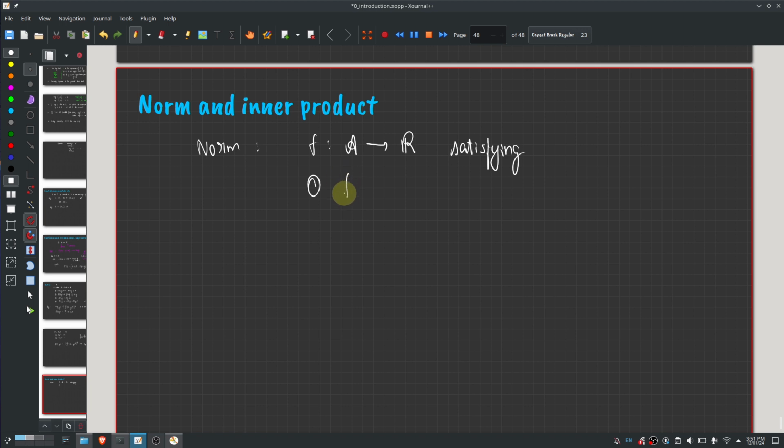Once again, we want f of x to be greater than or equal to 0 for all x in A. What else? When can it be equal to 0? If and only if x equal to 0. Right, so it means that there's a special 0 vector. So we'll define all of these typically only on a vector space.